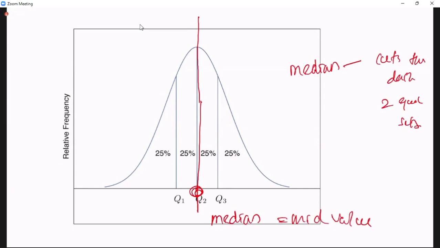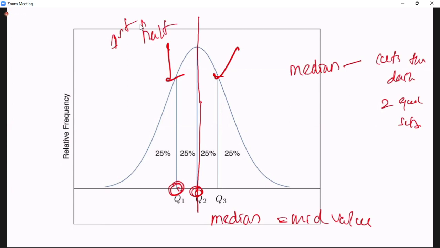Okay, now consider the first portion and the second portion. In the first half, again find the mid value or the median for the first half. That median value should cut the first half into two equal parts.